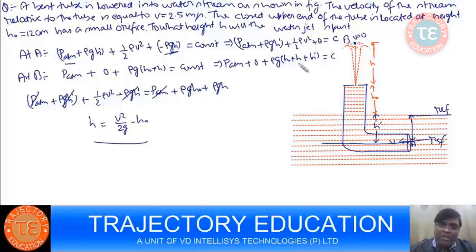In fact, this will become 0 and this has come over here, rho g h dash.